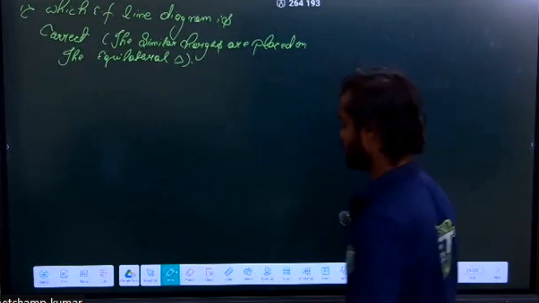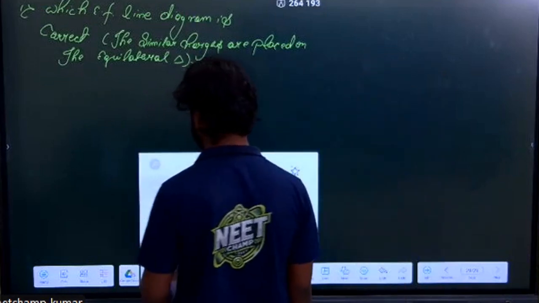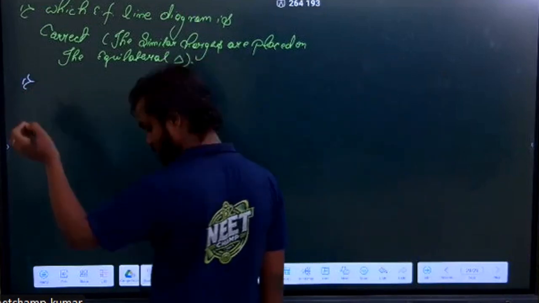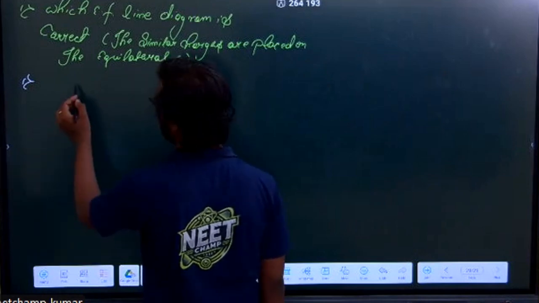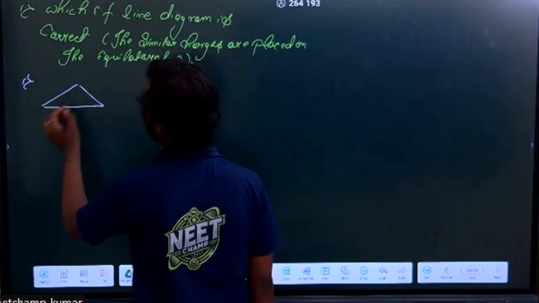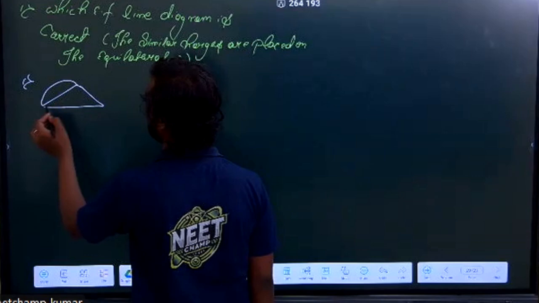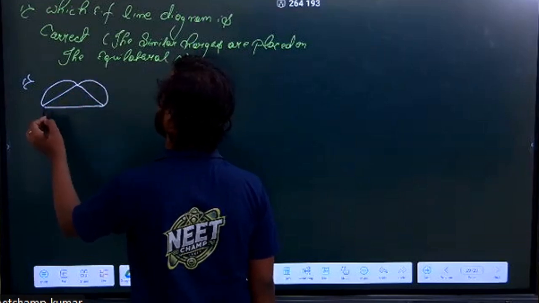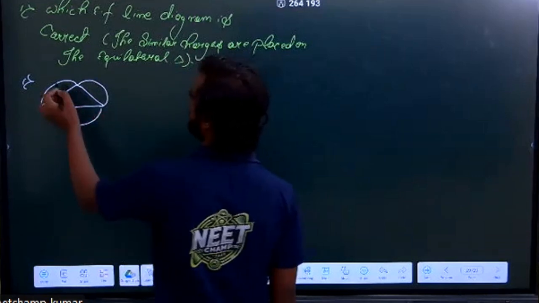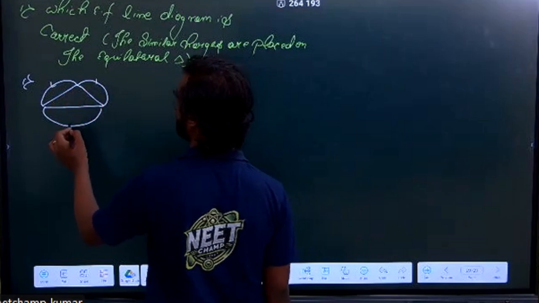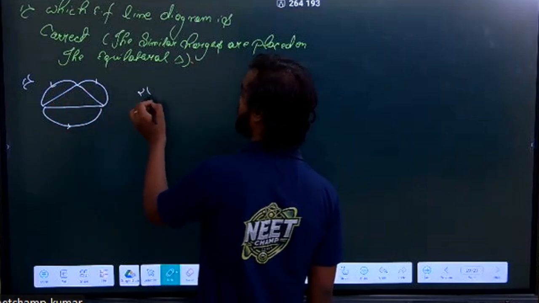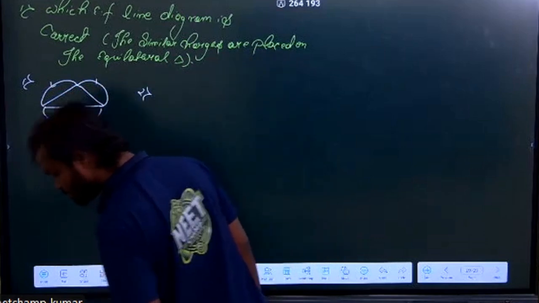Okay, this is the configuration given, and they have given different electric field line diagrams. Let us see what diagrams they have given. That is the first diagram. Second diagram they have given is this.